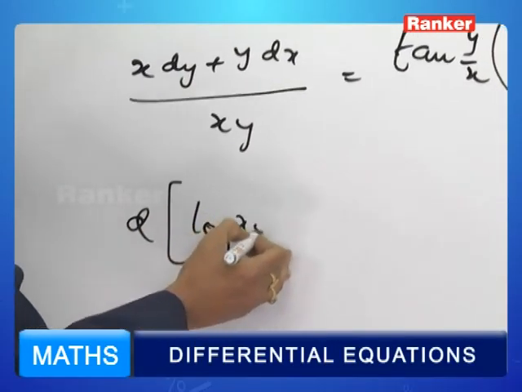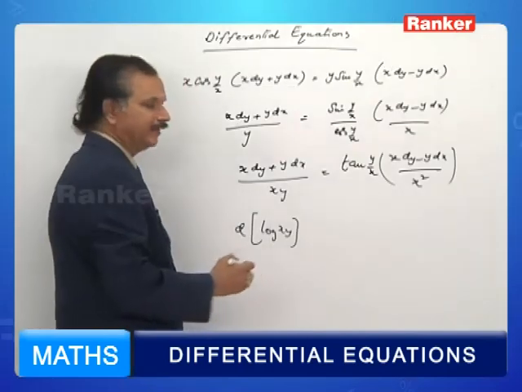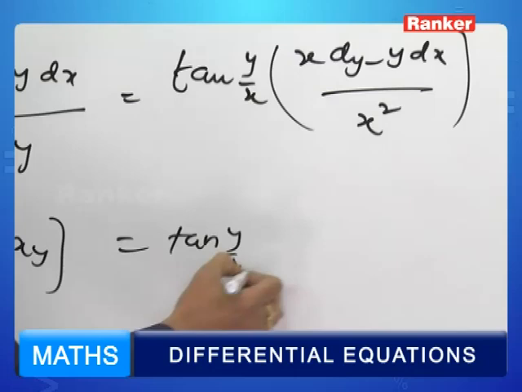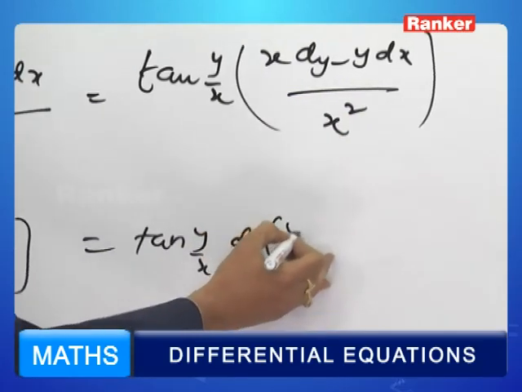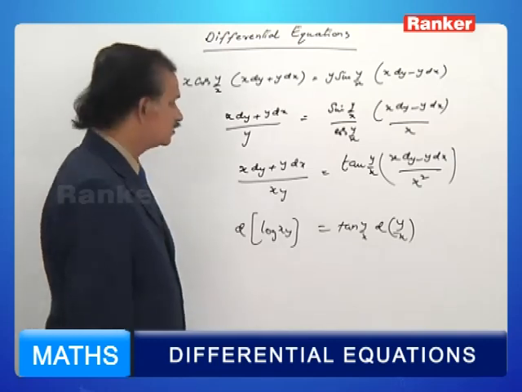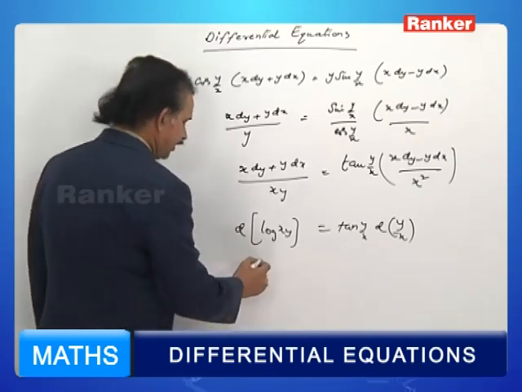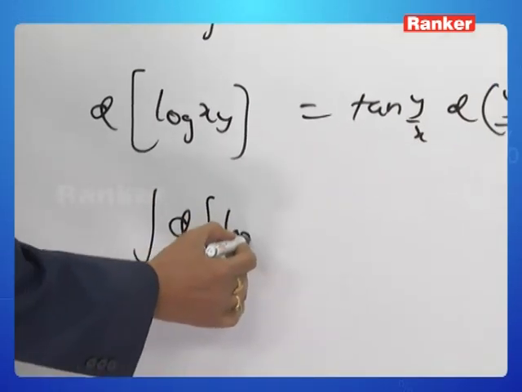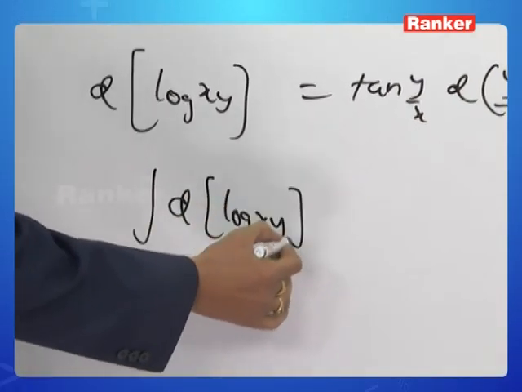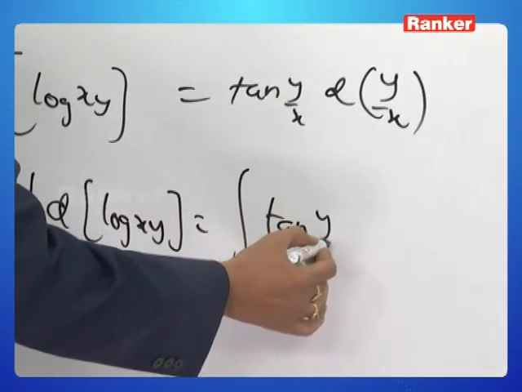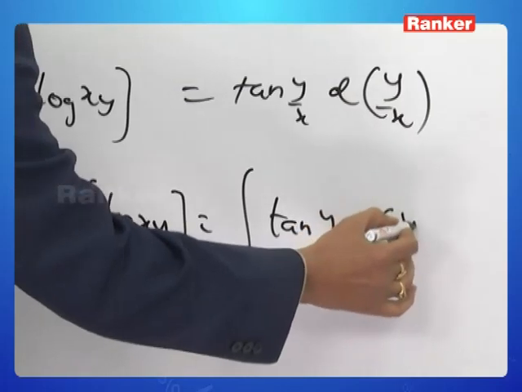Am I correct? d(log xy) = tan(y/x) times, it is nothing but d(y/x), isn't it? Okay. Integrate it on both sides. Integral of d(log xy) is equal to integral of tan(y/x) d(y/x).